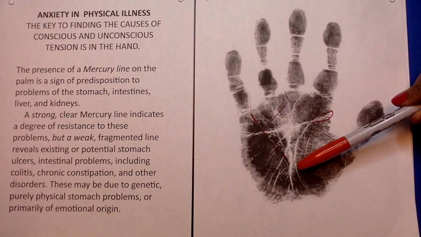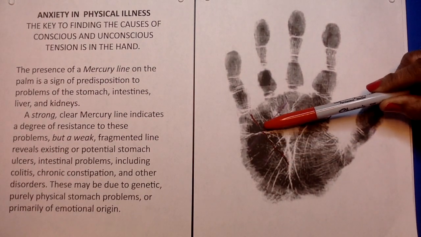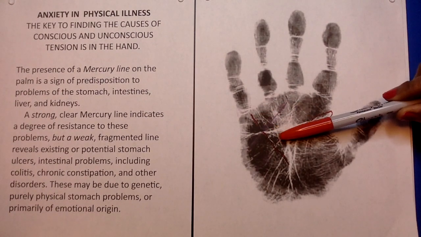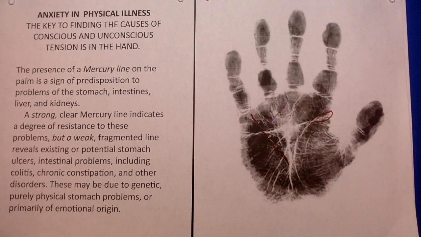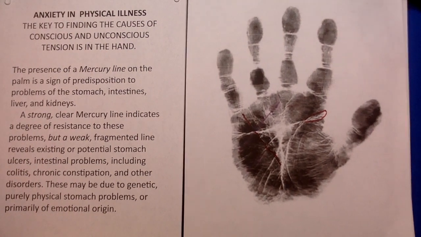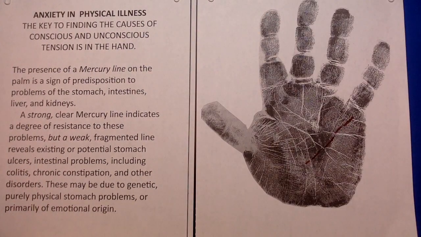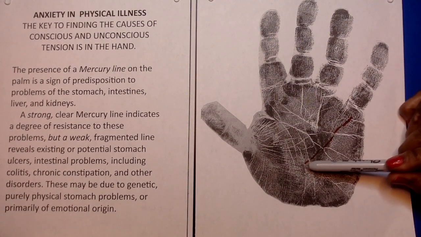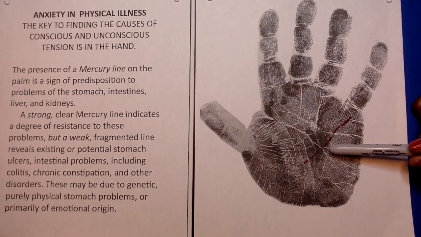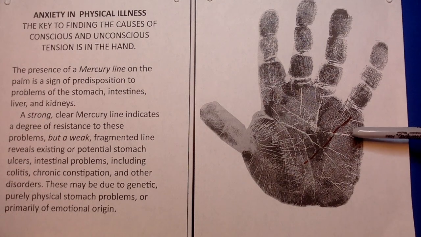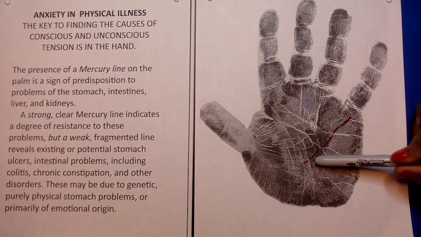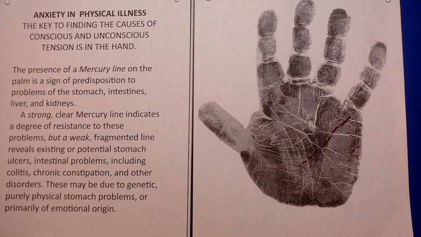This one, it's a little weak, but it breaks right in here. There's a little break right in here. Okay, let's go and try another one. Here's another one. It breaks, continues, breaks, continues, breaks. So it's just a weak, fragmented line.